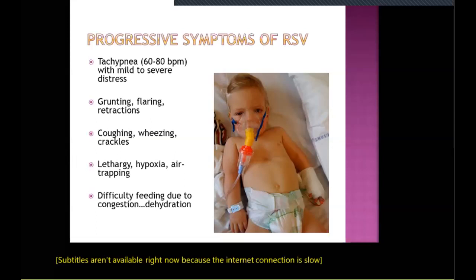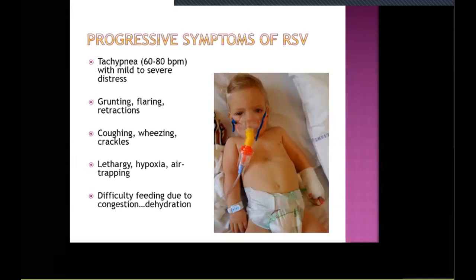The parents, because the child is irritable, want to stick a bottle in their mouth to soothe them. And we really have to explain to them that, depending on the age of the child, they are obligate nasal breathers, possibly until they're 6 months old, and they don't know how to open their mouth and breathe.